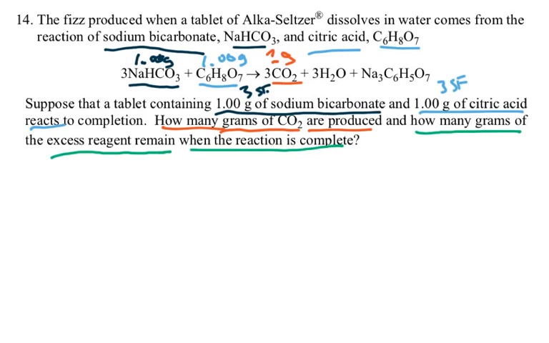So, we have a reaction. I'm trying to think the best way to show you this. So the first thing to do is, 1, figure out how much you make.